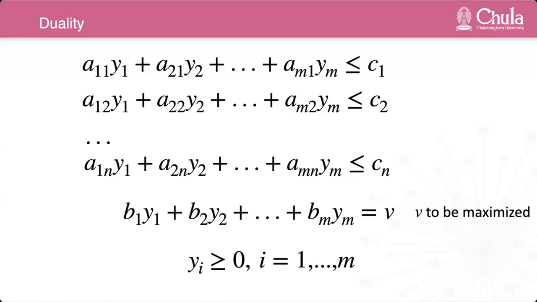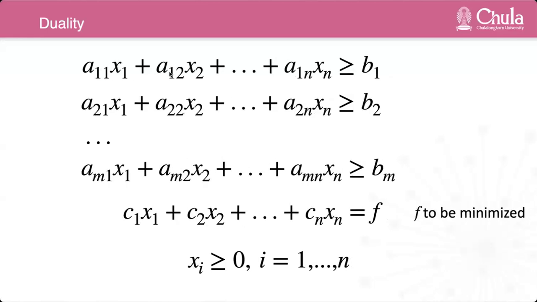Okay. And also the coefficients of the A matrix, A11, A21 here, appear here too. The primal and duality problems.